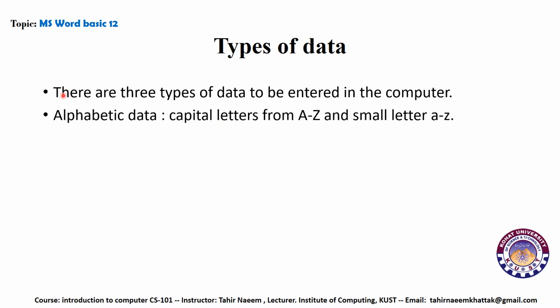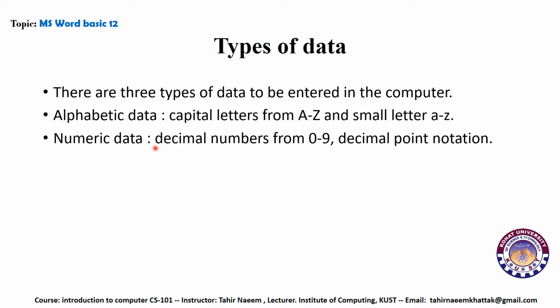As the name suggests, alphabetic data consists of letters from A to Z, in any possible representation of the alphabet, like capital letters from A to Z or small letters from a to z.